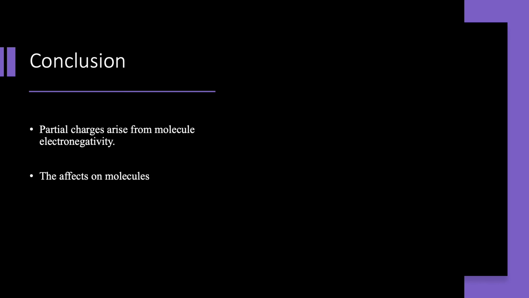We learned about the effects that partial charges have on molecules, and what MEP surface is and how it helps out, and why MEP is used.